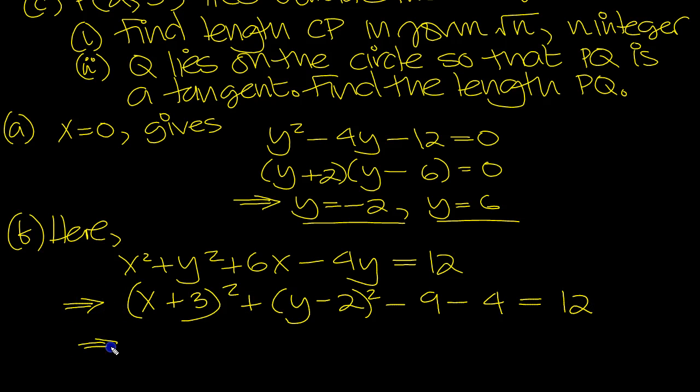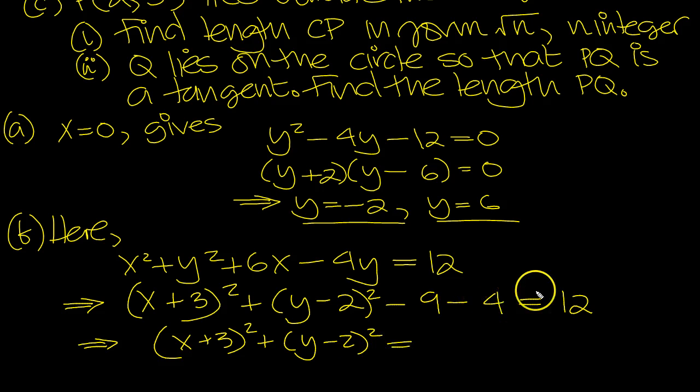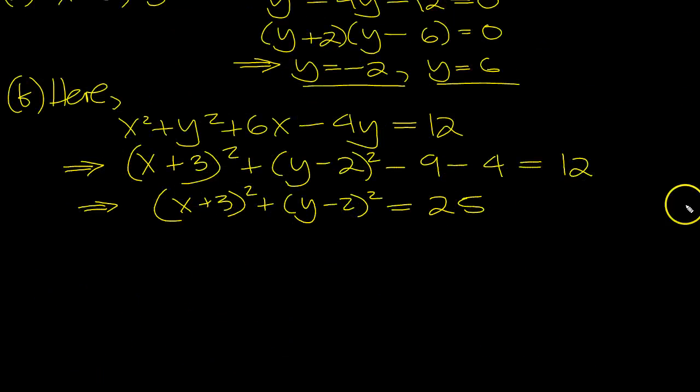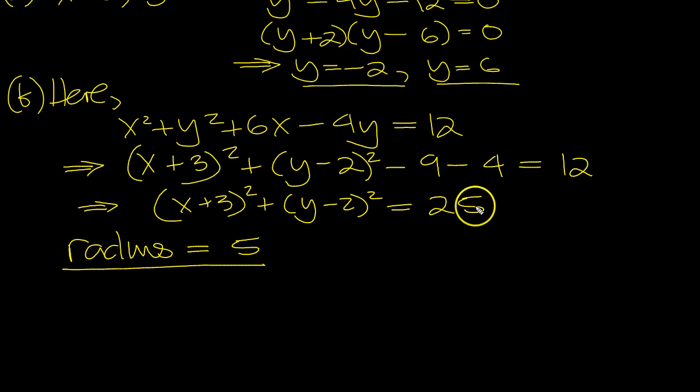And then that tells us then, what have we got? x plus 3 squared plus y minus 2 squared is equal to minus 13, move over to plus 13. 12 plus 13 is 25. Center then from B, find the radius of the circle. The radius is equal to 5, the square root of the 25 here. So that's B.